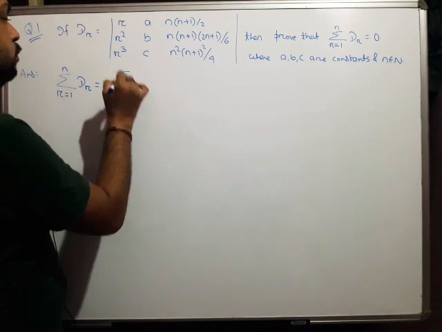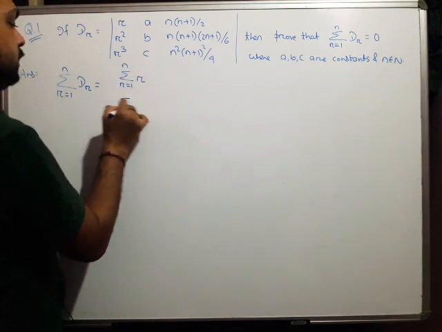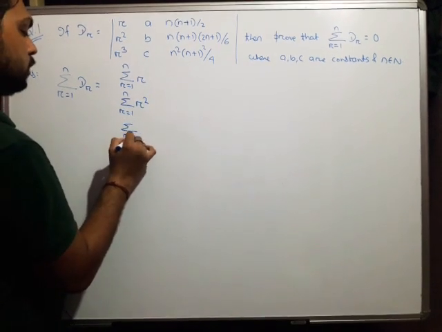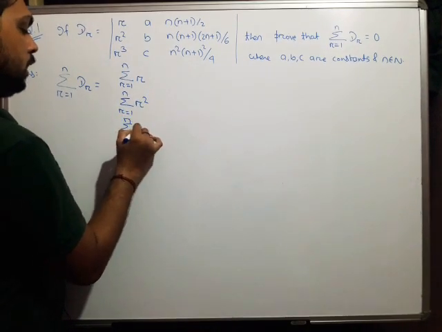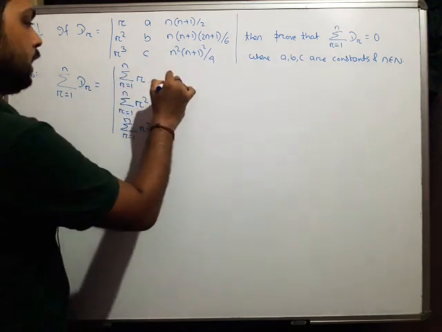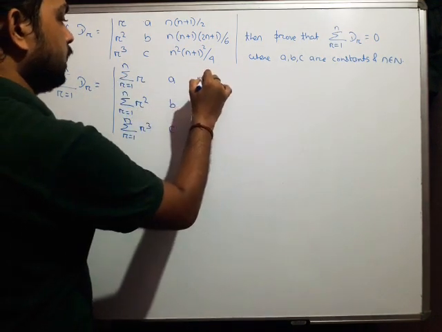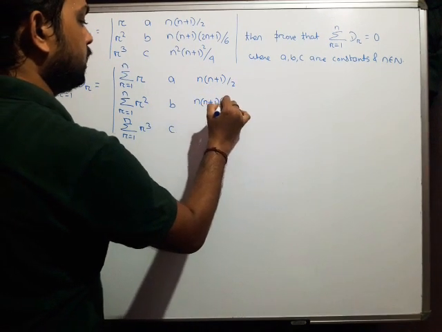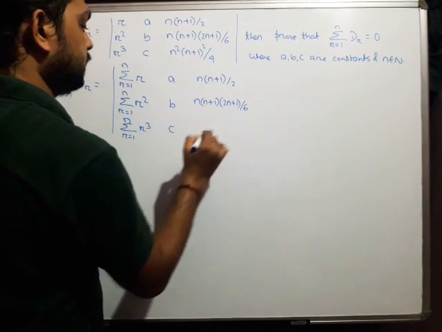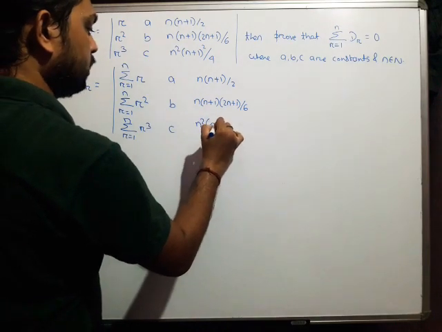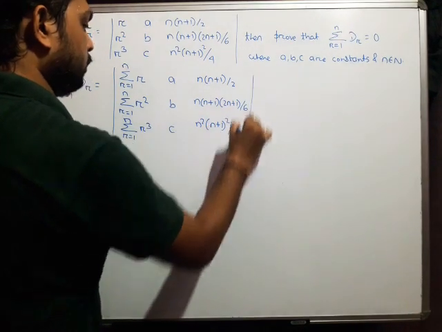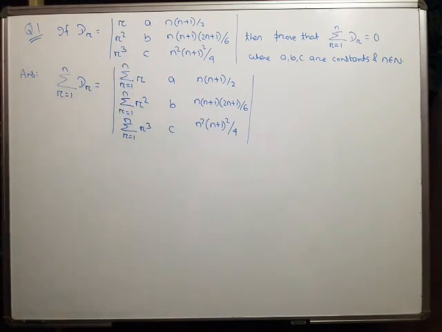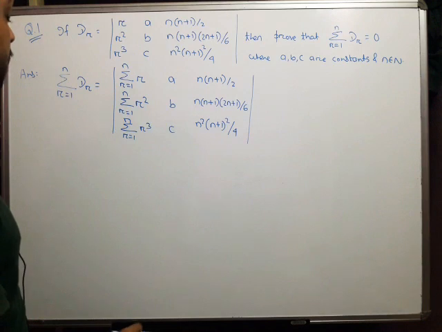So r equals 1 to n r, next r equals 1 to n r square, summation of r equals 1 to n r cube, then a, b, c, and n plus 1 by 2, n plus 1 times 2n plus 1 by 6, n square times n plus 1 whole square by 4. Summation will be applied only in column 1 because column 2 and column 3 consist of constant elements only.